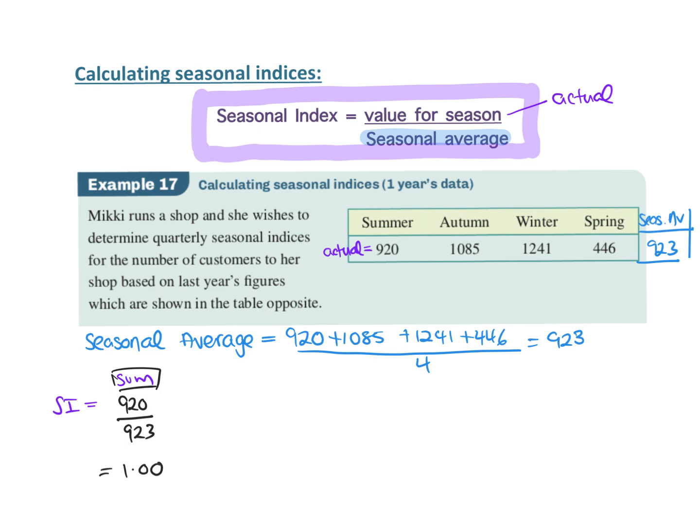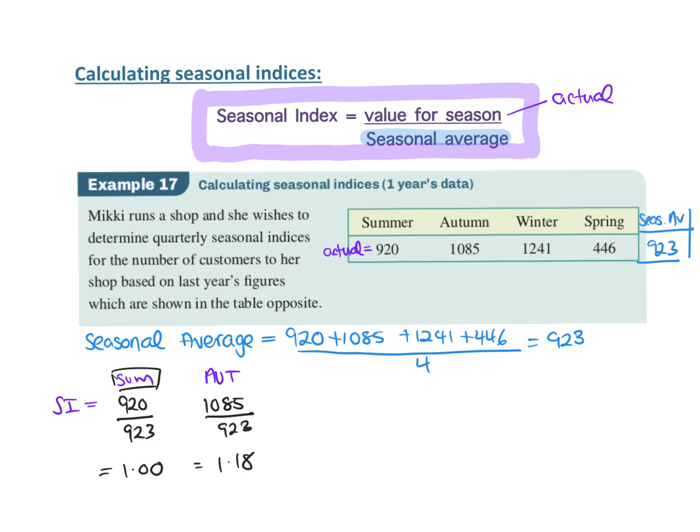All right, then the next one, autumn. Autumn was actually 1085, and if we divide it by 923, we get 1.18. So that is the seasonal index for autumn.